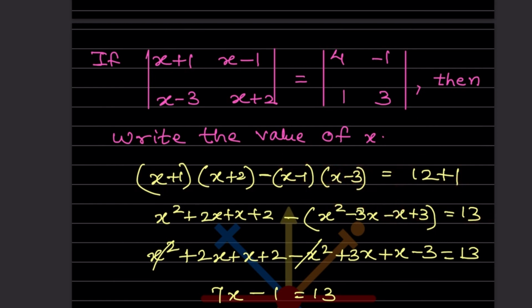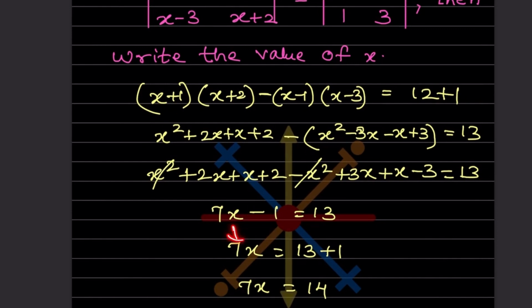So now let us write this same minus, now let us remove the bracket, plus x and minus 3 is equal to 13. Now what we can see, plus x square and minus x square get cancelled. Now let us bring all the other like terms together. So when we add all these, this is 1, this also is 1, so we get 7x, and here plus 2 minus 3 is minus 1, and the right hand side 13 as it is.